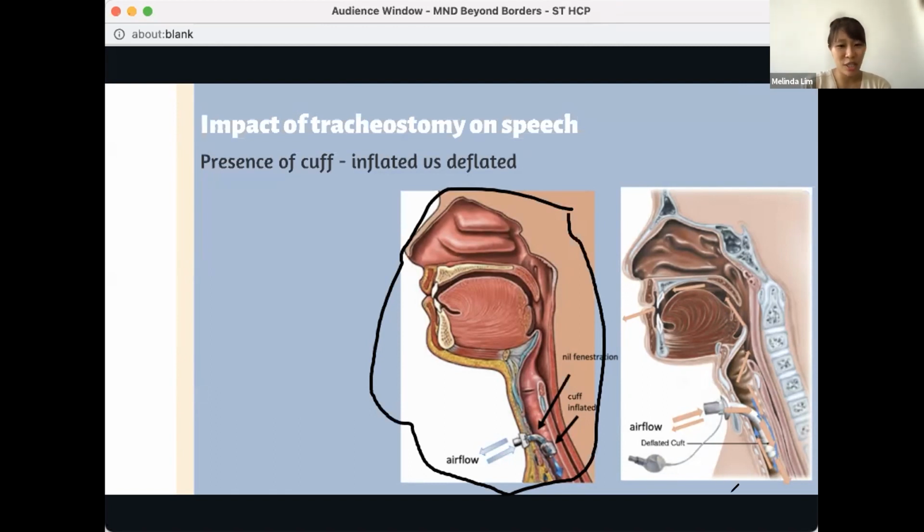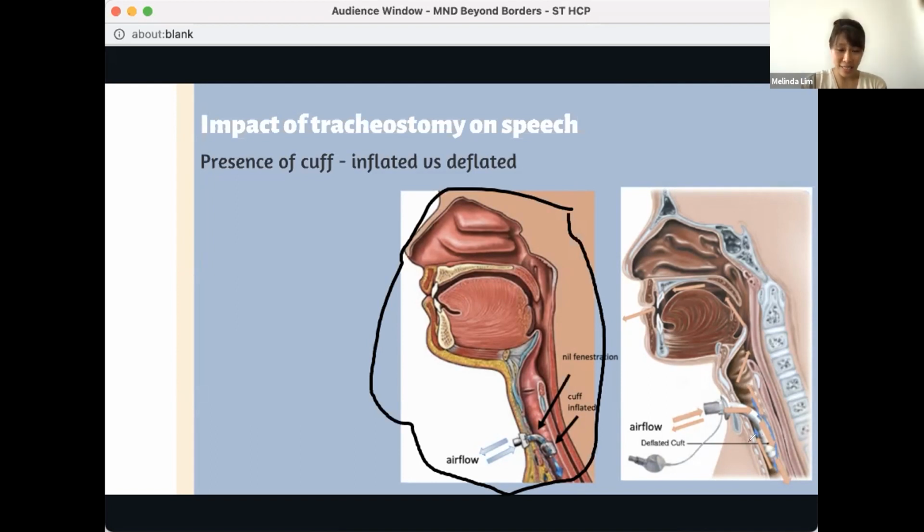So then, if you look at the picture on the right, you can see that the setting is slightly different. I know the arrows are a bit confusing, but basically the arrows are there to show how the air flows. So the air can flow in through the tracheostomy tube.